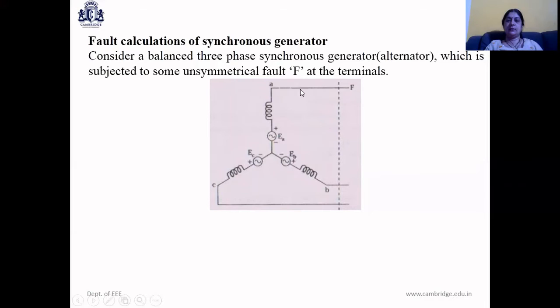So this is the balanced three-phase generator at the terminals of which the fault F is occurring.